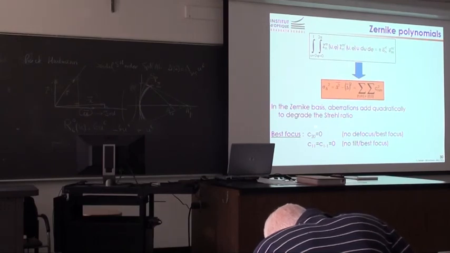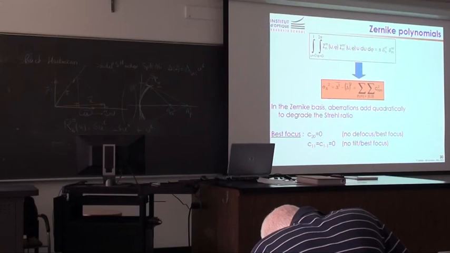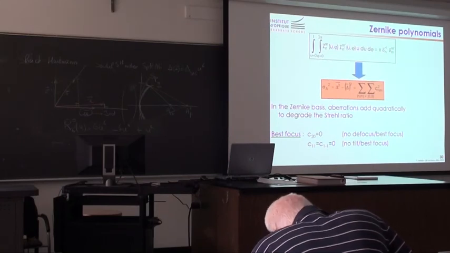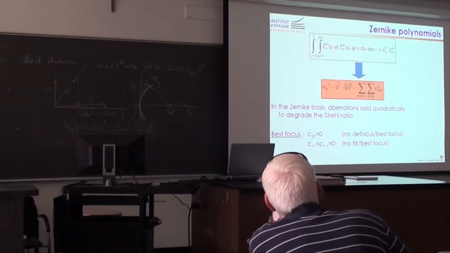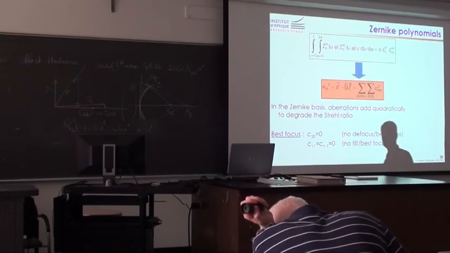The terms corresponding to defocus are C20, and the terms corresponding to tilt are C1 and C minus 1. And once you are at the best focus, well, you can't help. The remaining aberrations are there, and you've got to deal with it.